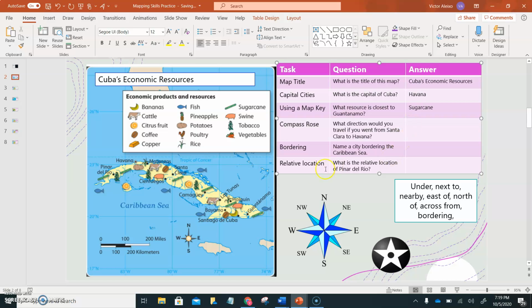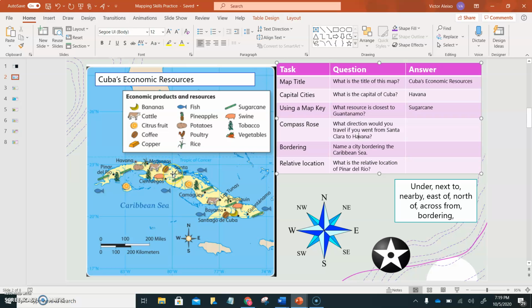The next question is using the compass rose, which is located here. The question is asking, what direction would you travel if you went from Santa Clara to Havana? You start at Santa Clara, and you go to Havana. Santa Clara is right here, and Havana is here.